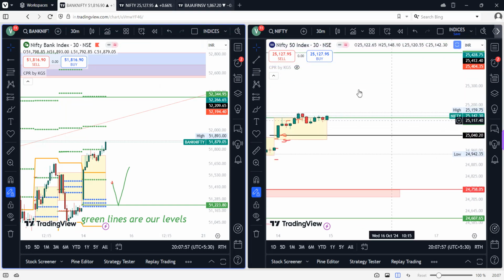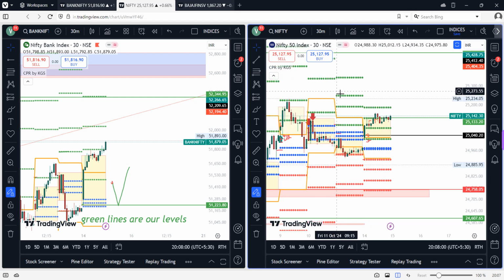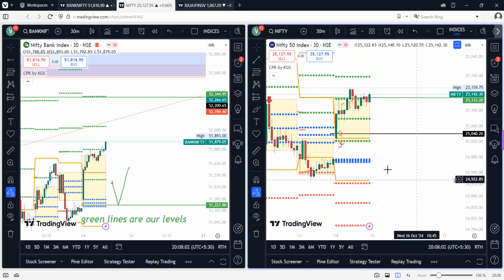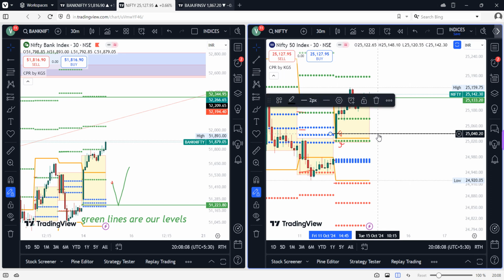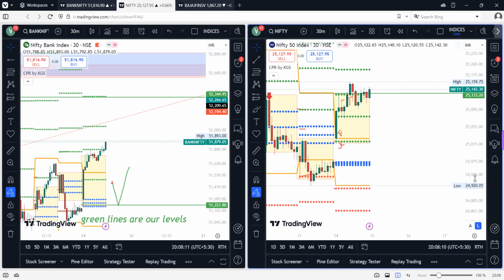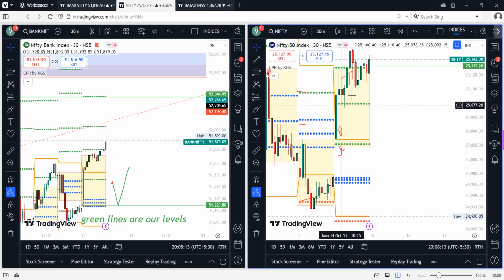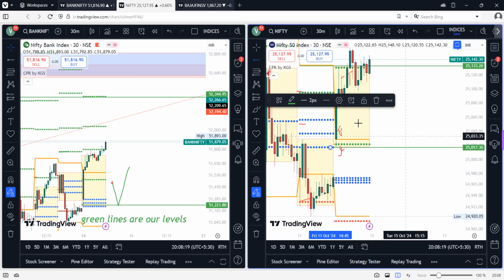Again in Nifty, let's see what the supply and demand zones are. Let's delete this line. You can see from here there is a big bullish candle, so I would like to mark this level as the supply zone.